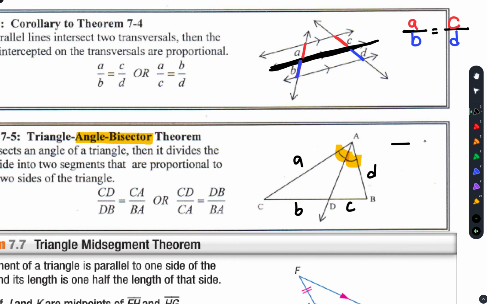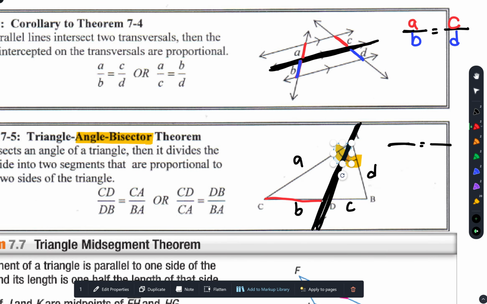And if I think about my line here, I can think about it in two ways. I never like to turn things sideways if I don't have to, so I would just imagine it drawn out like that. But if you want to, you can use this angle bisector as like your fraction bar, right? Turn your paper a little bit sideways, and you can see B over C, the two pieces of that side that's being cut in half.